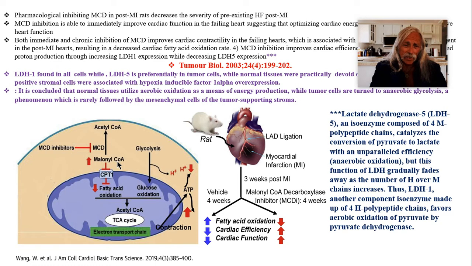So you get a tanking of fatty acid oxidation, where you get an increase in glucose oxidation, okay? And then ultimately, acetyl-CoA is formed, of course, if it goes through the pyruvate dehydrogenase, but that depends on which way it goes.